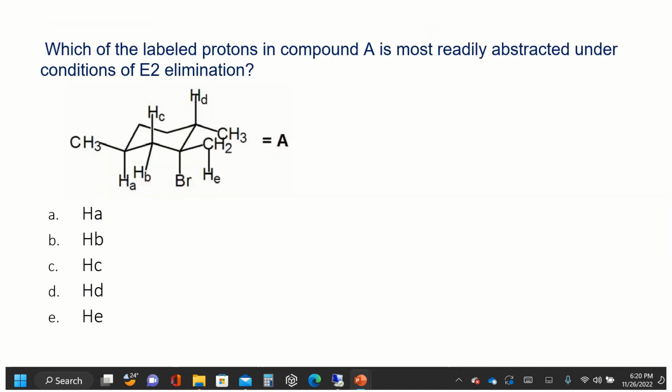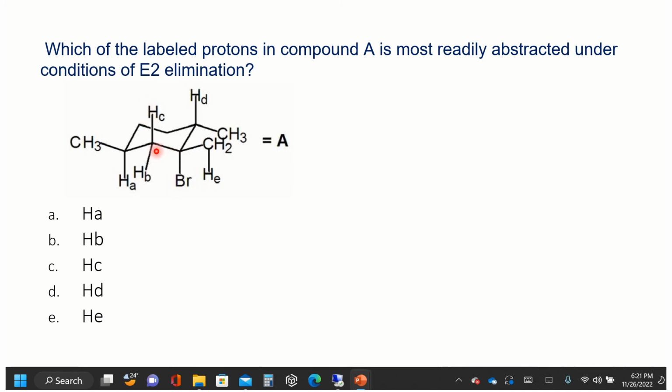Here we ask which of the labeled protons in A is readily abstracted? Well, we have this HA, which is not going to be abstracted because it's nowhere close to the alkyl halide. HB is not in the same plane as the bromide.